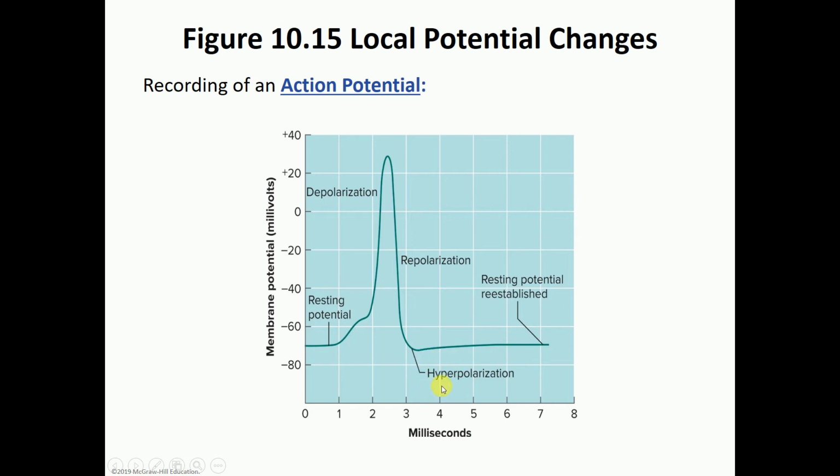At -80 or -90, the potassium ion channels close, and then the nerve restores back to its resting membrane potential by the action of the sodium-potassium pump. Again, pumping 3 sodium ions out and pumping 2 potassium ions back in.